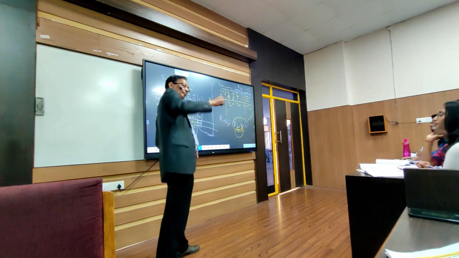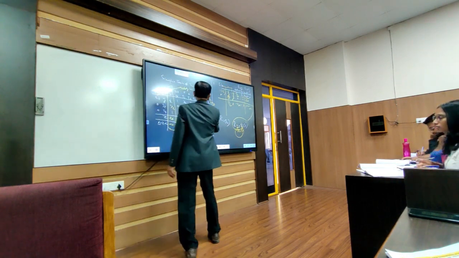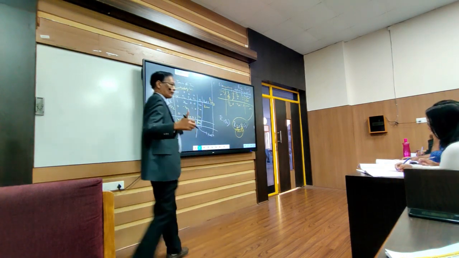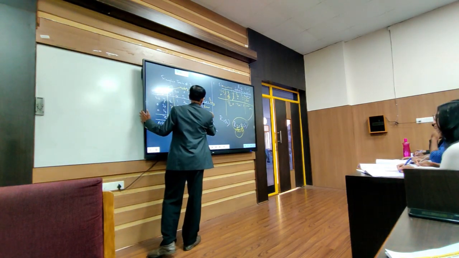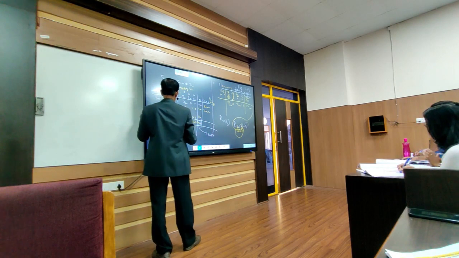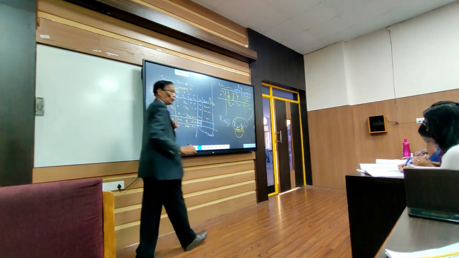वो ऊपर जाएगा ना. नेक्स्ट 200 by 11. 200 by 11. नेक्स्ट 100, which is minimum.